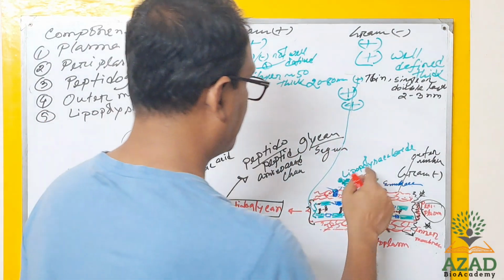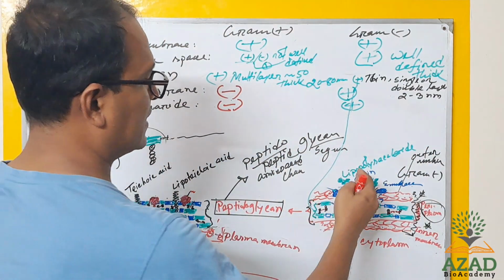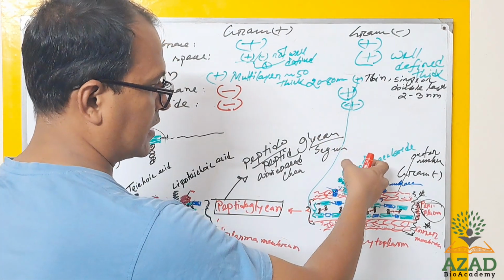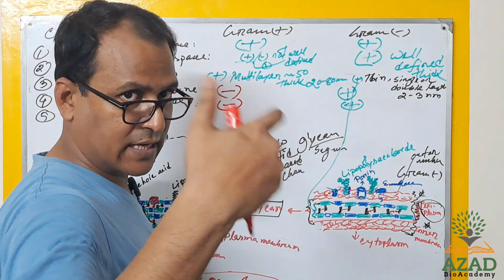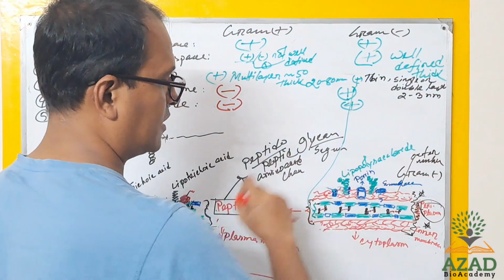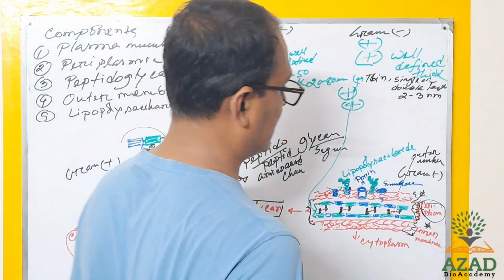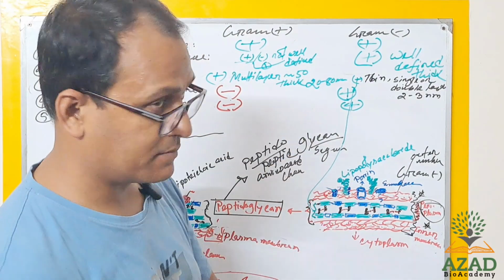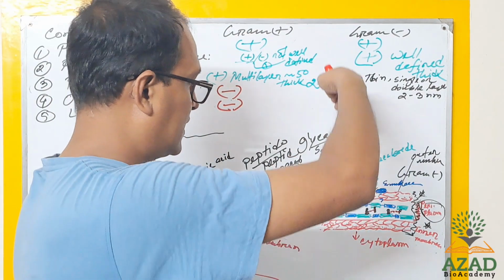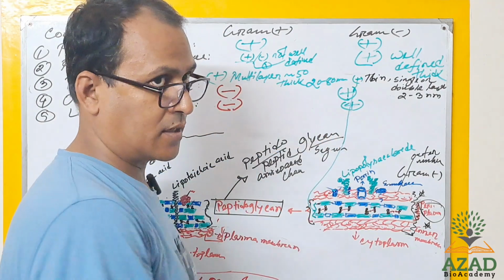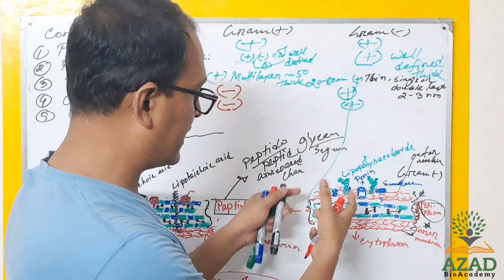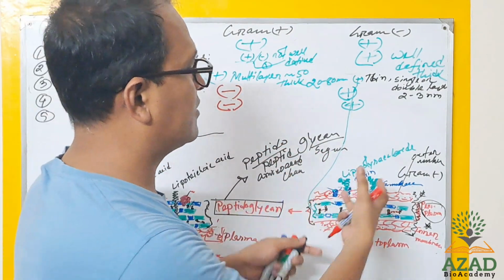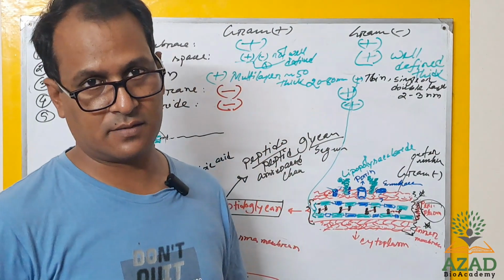But now I will say lipopolysaccharide is basically made up of lipid, oligosaccharide, and O antigen. There are three parts of this lipopolysaccharide. It is basically an integrated part of the bacterial cell wall of gram-negative bacteria, integrated within the outer membrane, and it provides structural stability to the bacterial cell wall of gram-negative bacteria.